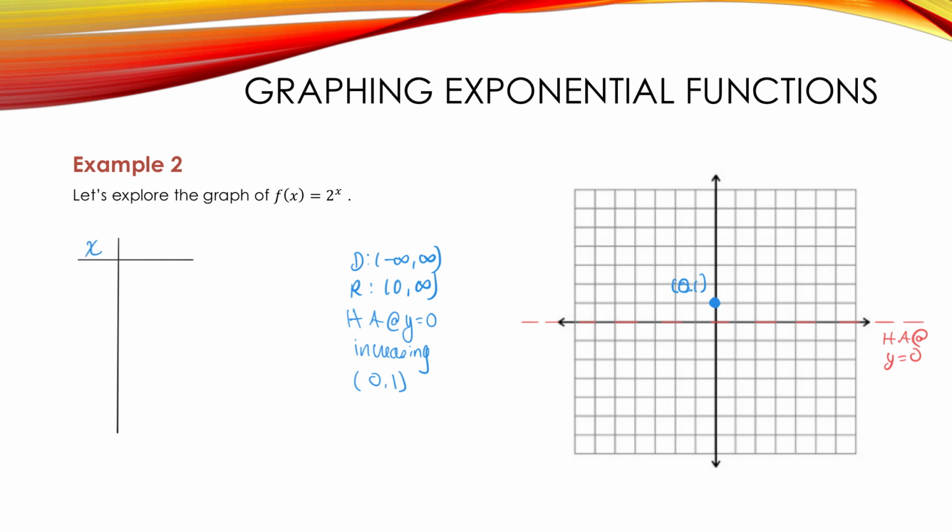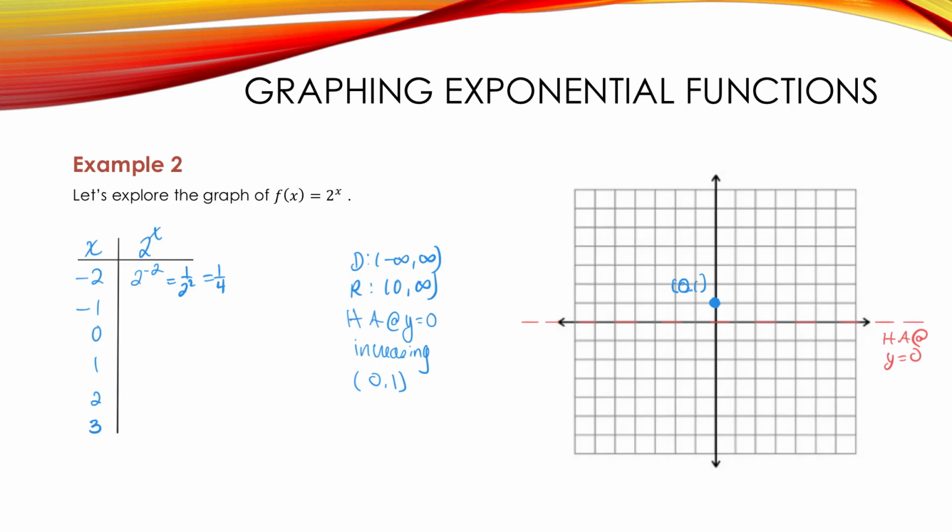So if we put some x and 2 to the x on the line, let's try maybe -2, -1, 0, which we already know, 1 and 2, maybe even 3. So 2 to the -2, remember, x to the negative n is 1 over x to the n. This is 1 over 2 squared, which is 1/4.